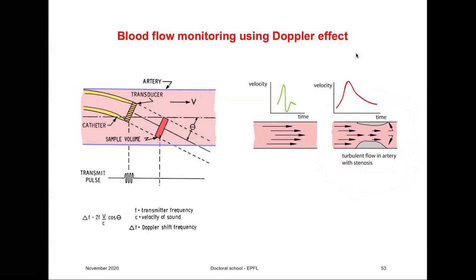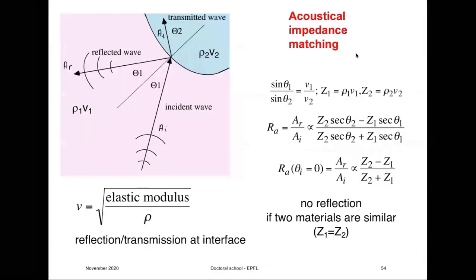And if you monitor velocity over time, the signal will be different, and from that signal you can calibrate it and detect whether there are obstacles to the blood flow. So these are very popular, very useful, and used a lot for monitoring in surgery and so on.